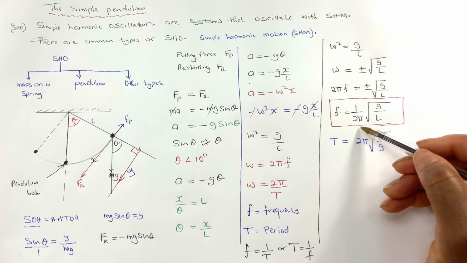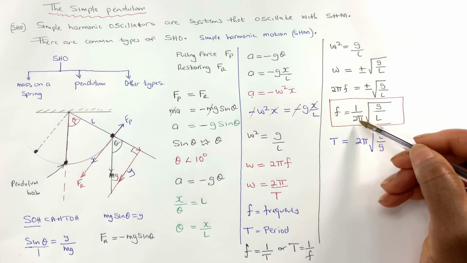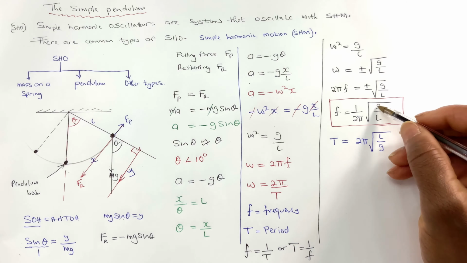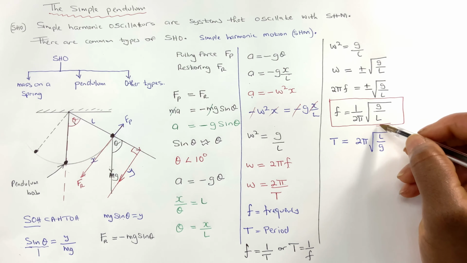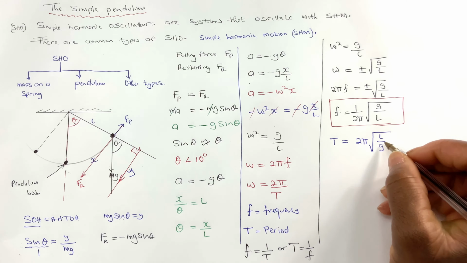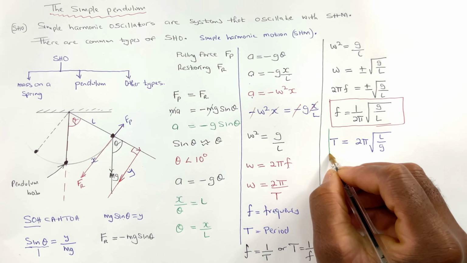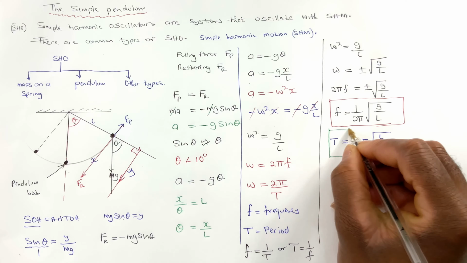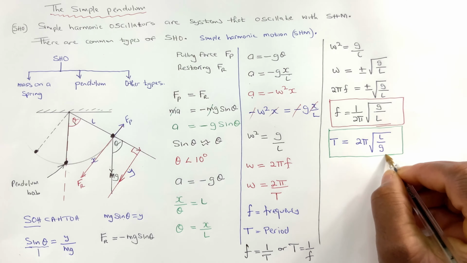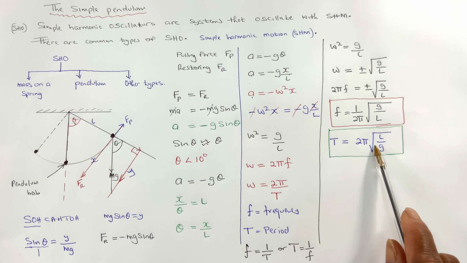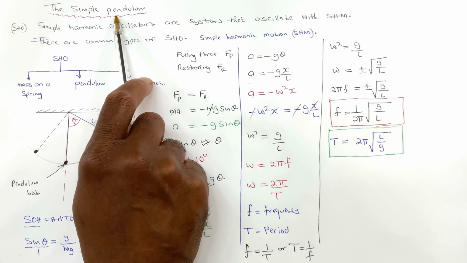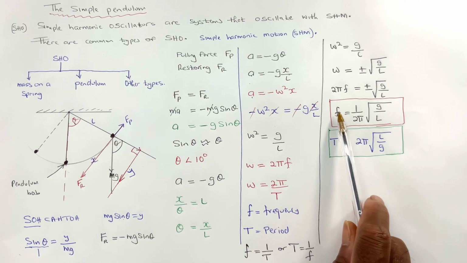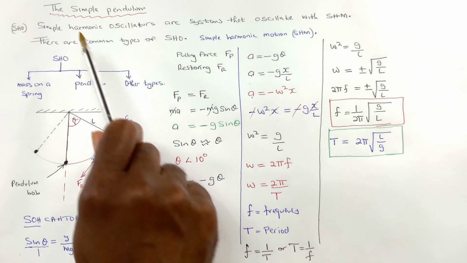So it's a reciprocal of that. Reciprocal of 1 over 2 pi is 2 pi, and reciprocal of root g over L is root L over g. So that's the period equation for simple harmonic motion. That's the period equation for the simple pendulum. And that's the frequency equation for the simple pendulum.